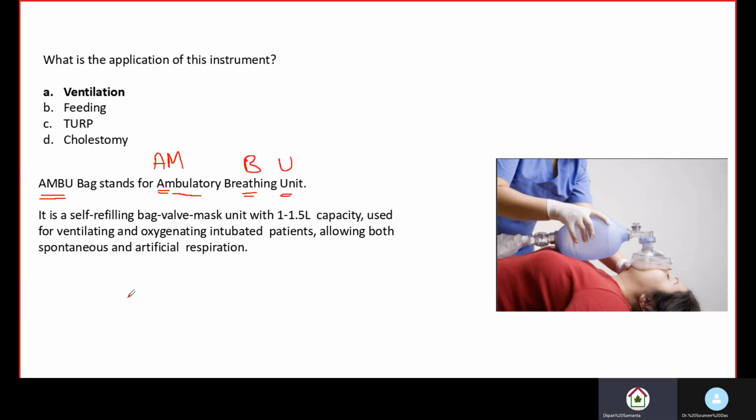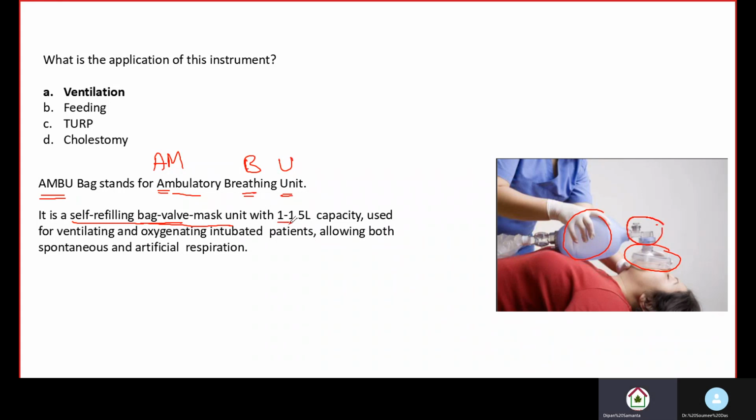It is a self-refilling bag, a bag valve mask unit. Here we have mask, here we have bag, here we have valve.